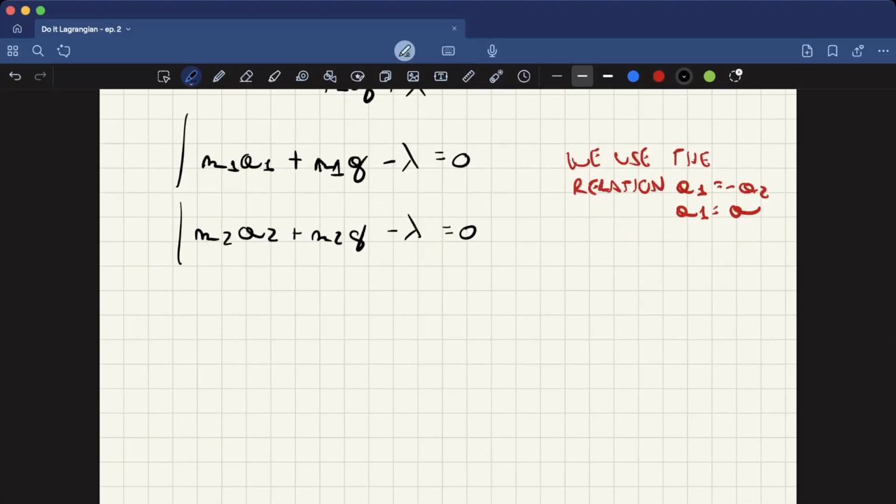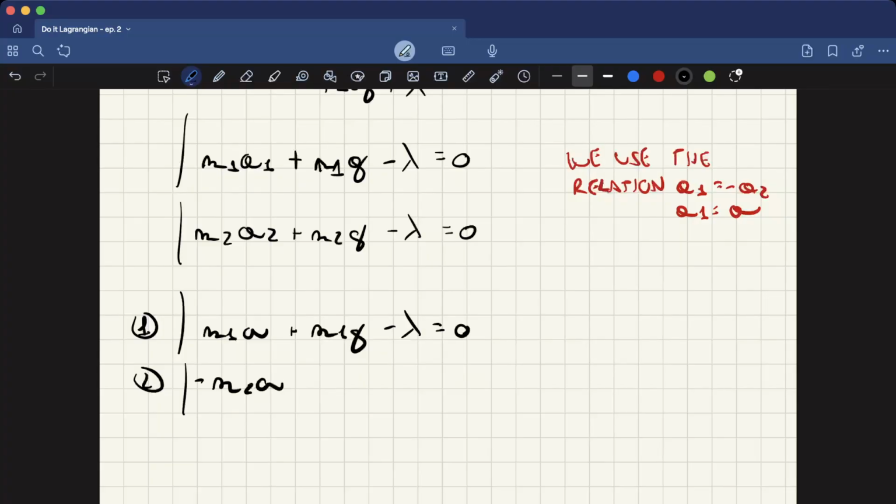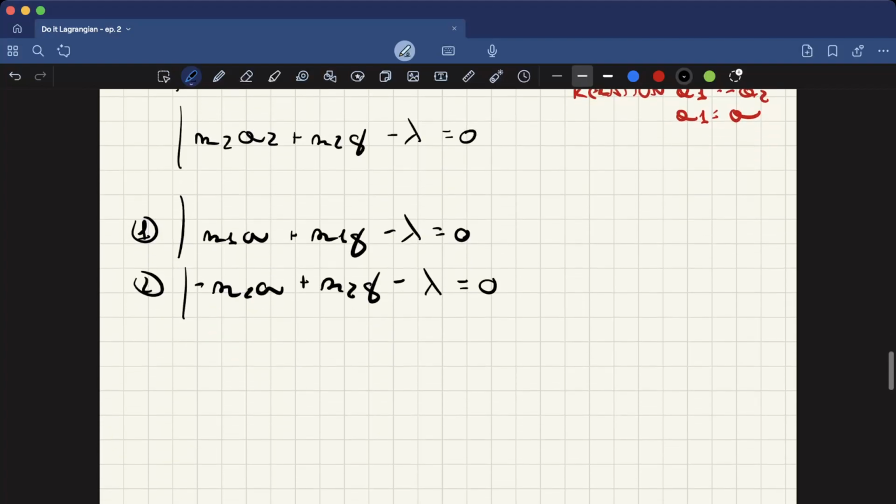So what happened here? So this is 1, this is 2, this is m_1 a plus m_1 times g minus lambda equal to 0. This will be minus m_2 times a plus m_2 times g minus lambda equal to 0.